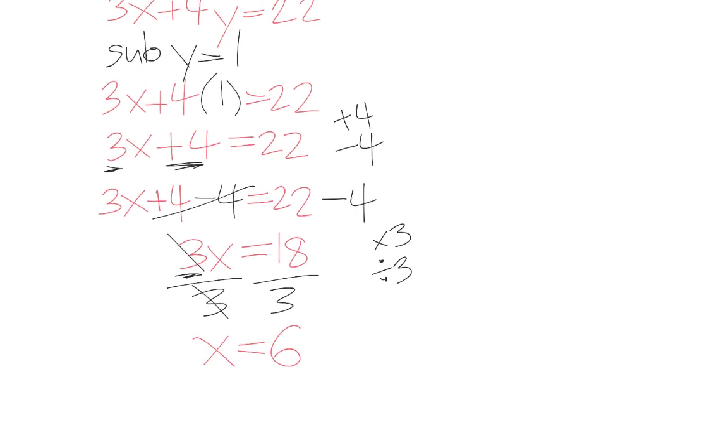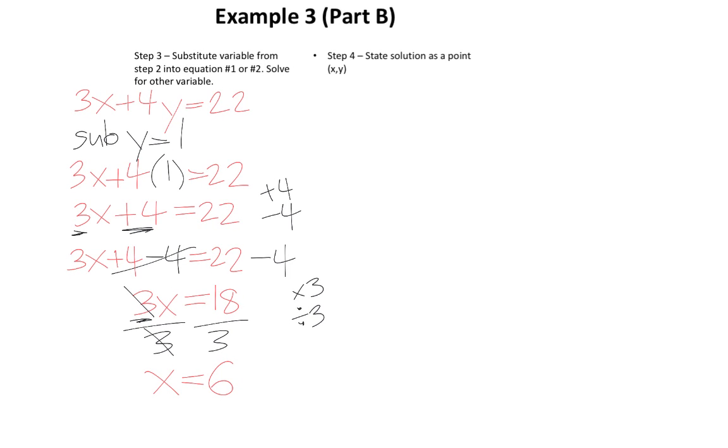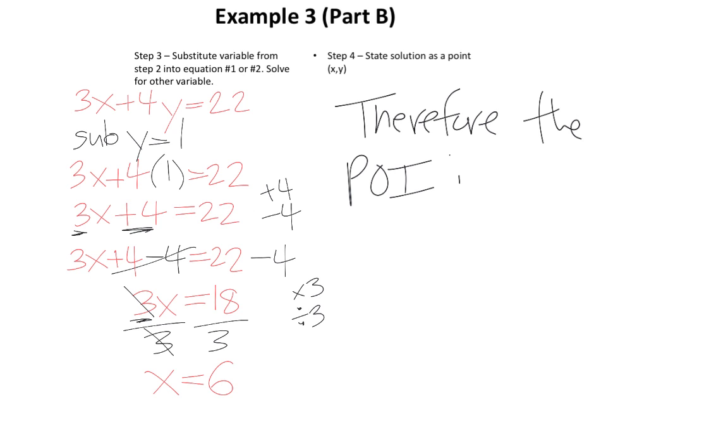Therefore, we have enough information to write a concluding sentence because we figured out what y is equal to and we figured out what x is equal to. So I'm going to write, therefore, the point of intersection is 6, 1.